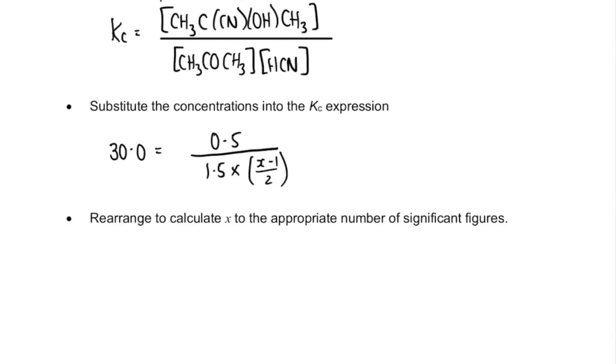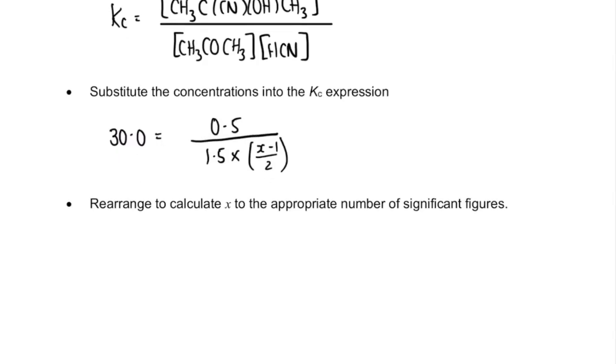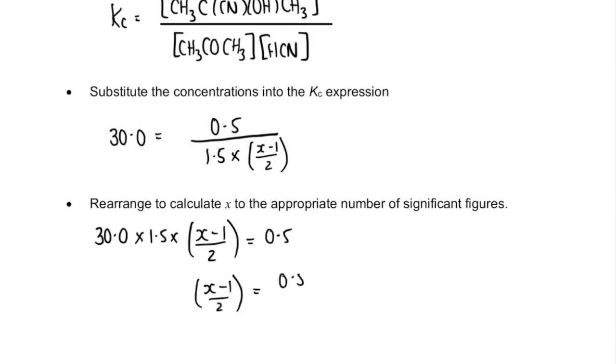I'm going to multiply both sides up by the bottom line. So I'm going to do 30.0 times 1.5 times that bracket X minus 1 over 2, and it equals 0.5. Now I'm going to divide both sides by the 30 and the 1.5. So X minus 1 over 2 equals 0.5 divided by 30 times 1.5.